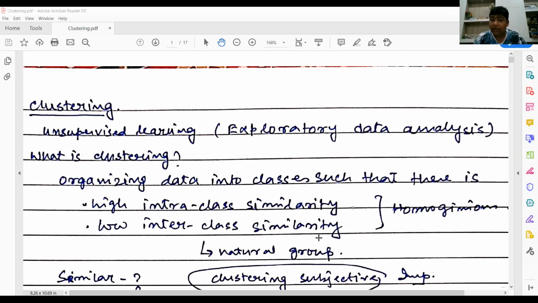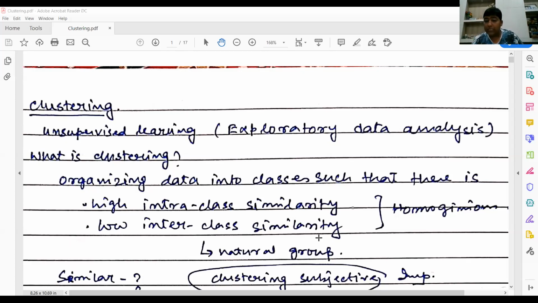Within a particular class, the similarity between all the students should be high. Between two classes, the similarity between the students should be very low. Then we can put the students in groups. This is the main concept of clustering.